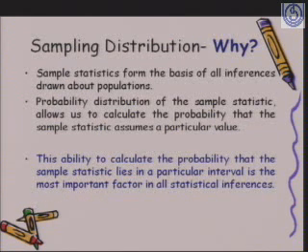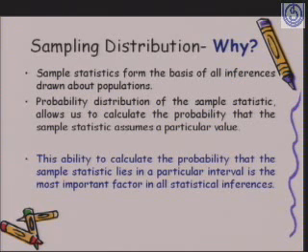Now the question arises: why do we want to study the sampling distribution? Sample statistics form the basis of all inferences drawn about populations. The probability distribution of sample statistics allows us to calculate the probability that the sample statistic assumes a particular value.